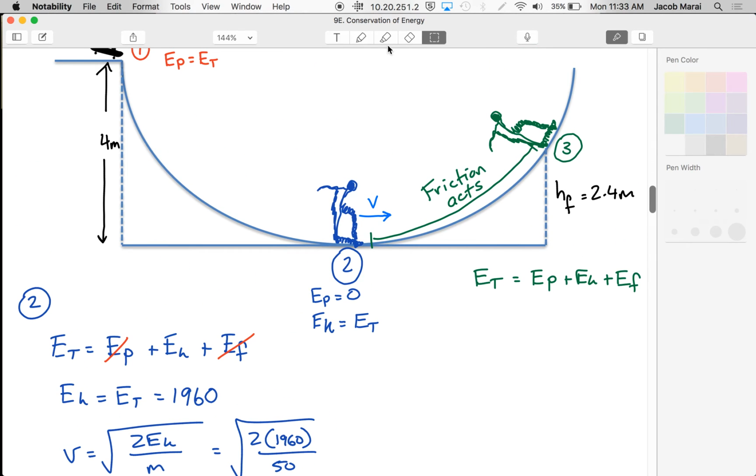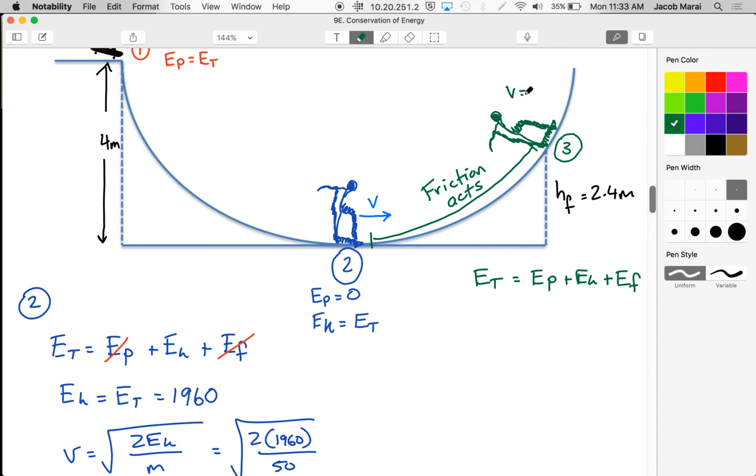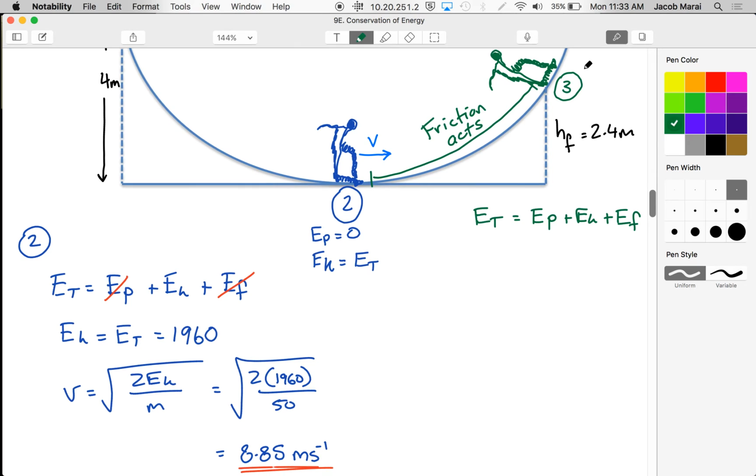All right, we're going to say V equals 0. And from that statement, we can say that he's got no kinetic energy at that point. Now, since we know his height, we know his potential. Since we know his total, we can figure out the energy that he's lost. So basically, you say he started with 1960.